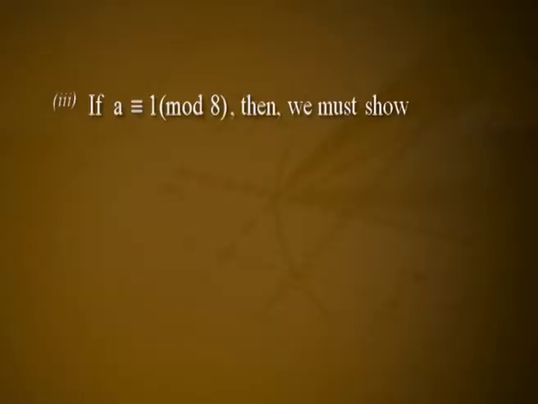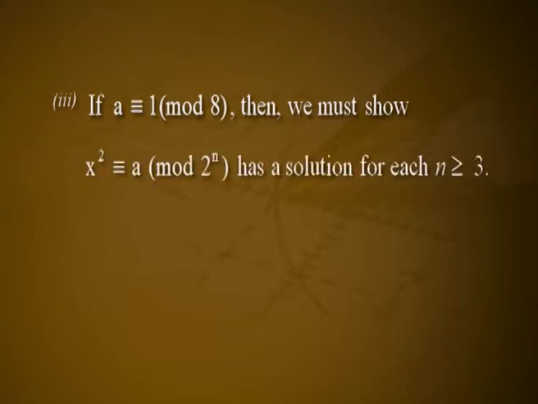In order that x square congruent to a mod 4 have a solution b, a must be congruent to 1 mod 4. Conversely, if a congruent to 1 mod 4, then 1 or 3 both satisfy x square congruent to 1 mod 4.